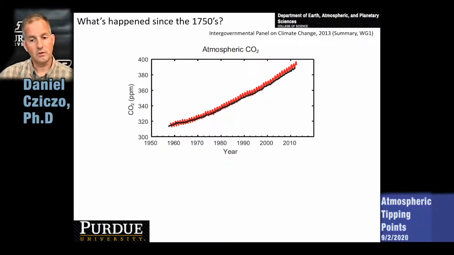So we can look at something like a time record of CO2, and this is shown in parts per million, molecules per million in the Earth's atmosphere, versus year. You can see that this record goes back to something like the 1950s. And this is when some of the first records of CO2 in the atmosphere, the first long-term record, this one made at Mauna Loa in Hawaii, was starting to be conducted.